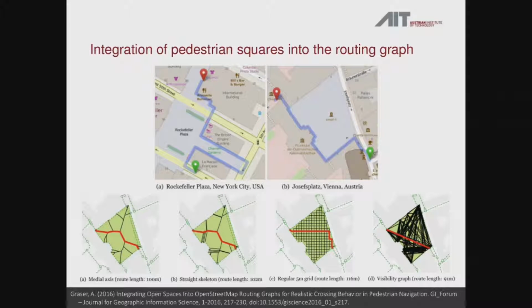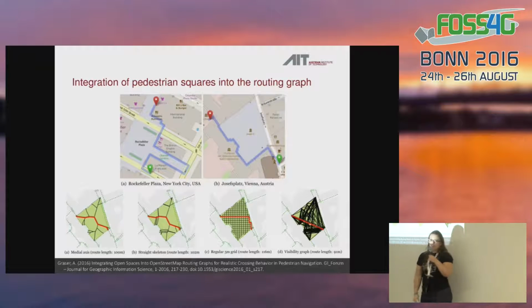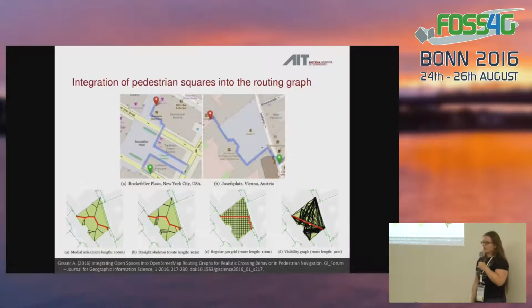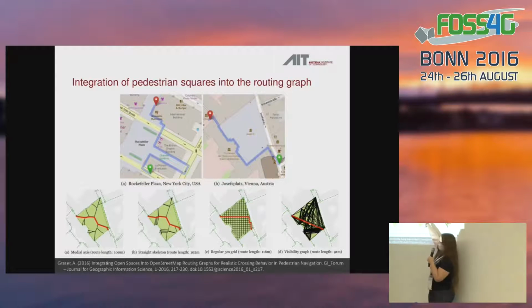But what all these approaches have in common is that they do not result in a route that I would take if I was a pedestrian. If I'm a pedestrian and there's an open square in front of me and I want to go from one side to the other, I will choose the most direct path or something very close to it. So it would make no sense for me to see a route which goes like this with this corner in it, or these curvy routes.